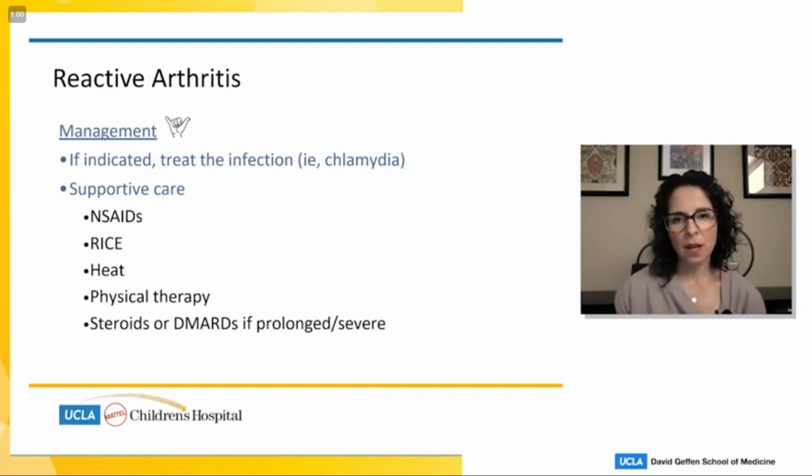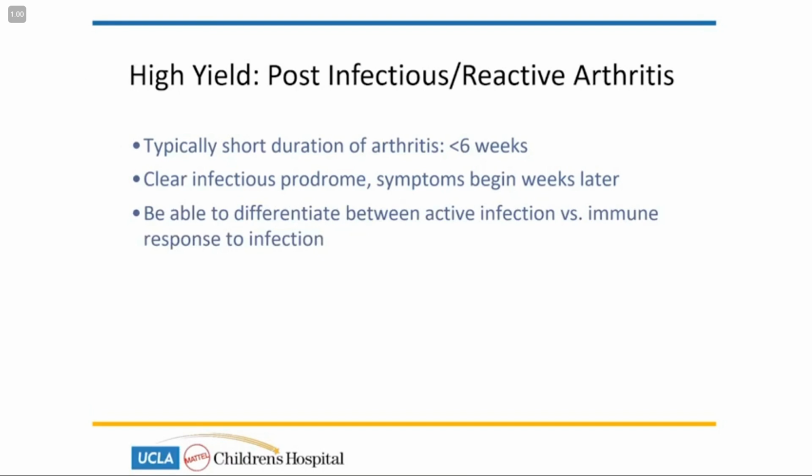If the symptoms are lasting for quite a long time and the patient is experiencing a lot of pain or disability, I love using physical therapy to help with the management process. Steroids or disease-modifying anti-rheumatic drugs can be used, but those patients should have a chronic arthritis evaluation by a pediatric rheumatologist.